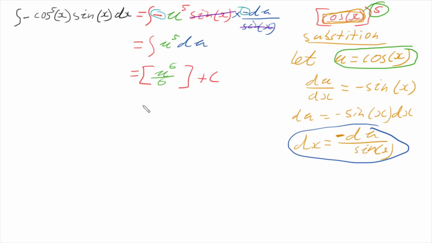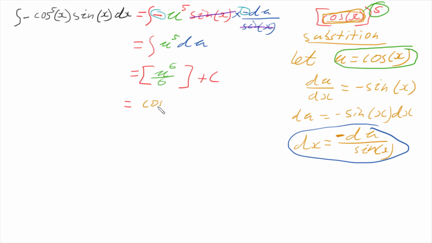Now we're almost done. I just need to replace this u. u is cos x. Because my original integration was with x, I need to put the x back in. So I'm going to rewrite this, replacing the u with the cos.